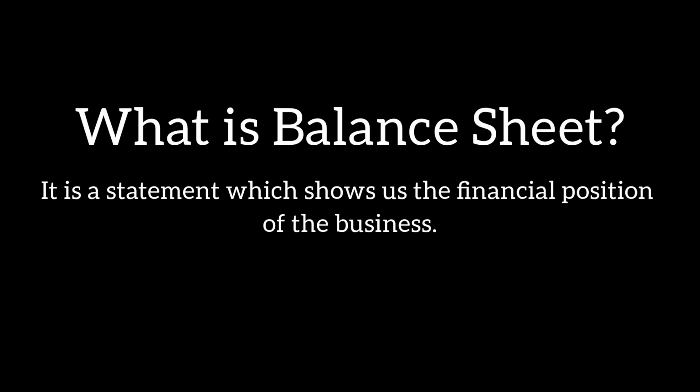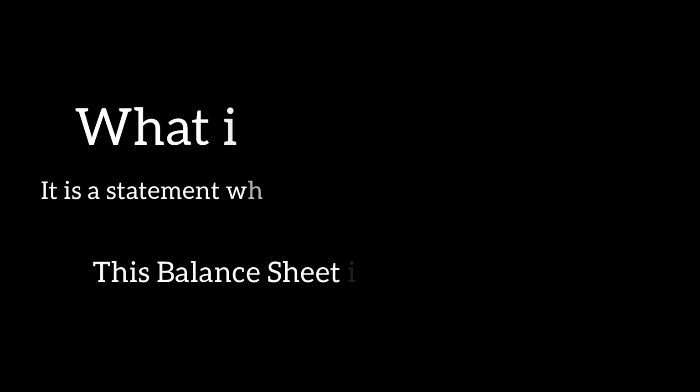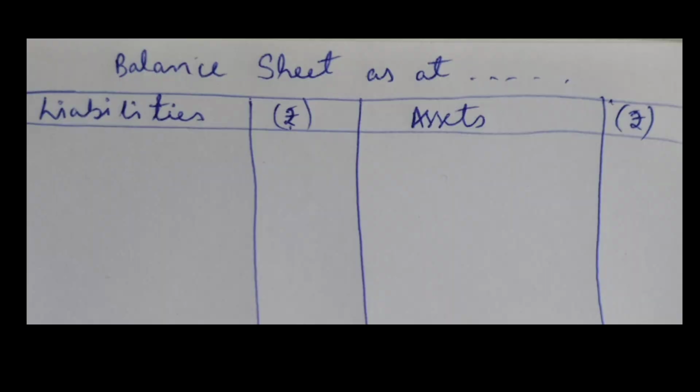It is also known as the statement of financial position, where the left hand side records the liabilities of the business and the right hand side records the assets of the business. Assets means something which we own and liabilities means something which we owe to another party and we have to pay money. We haven't paid the money, but we have to pay money in future.